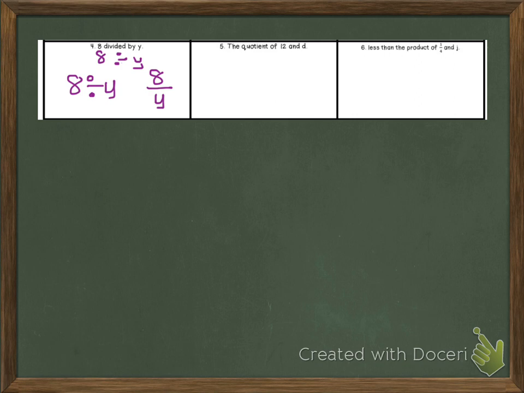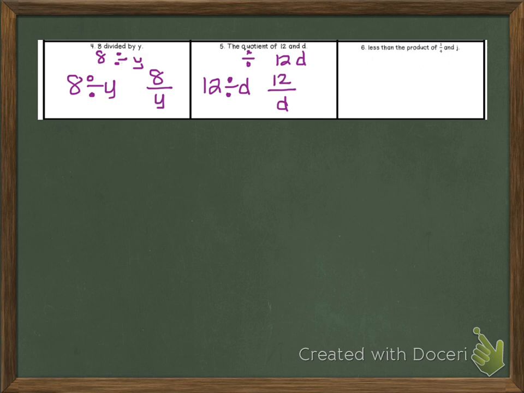I want you to press pause and write number 5 in both ways that we just wrote number 4, the same type of way. Okay, so you should have gotten the quotient, which means division, of 12 and D. So what I meant was I wanted you to write 12 divided by D. And then I also wanted you to write it in fraction form, 12 over D.